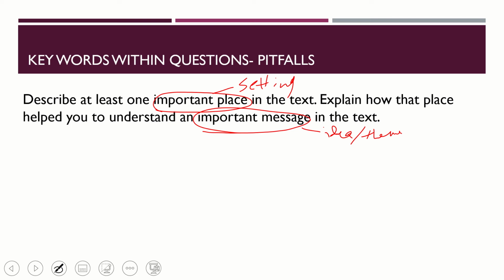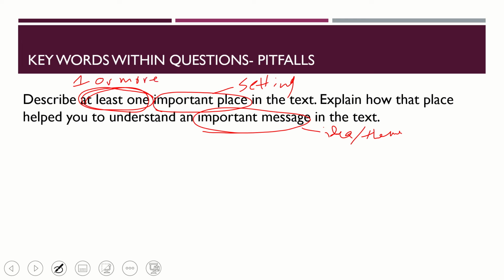The other really important thing you have to keep in mind is this part here. Describe at least one important place. So I could write a whole essay just about one setting, or I could do more.